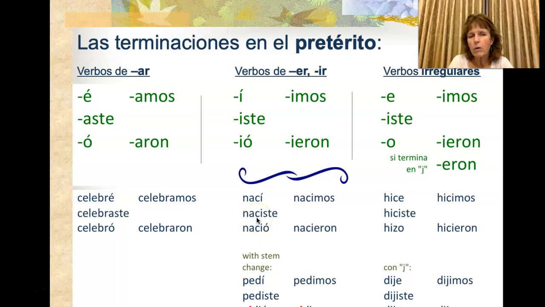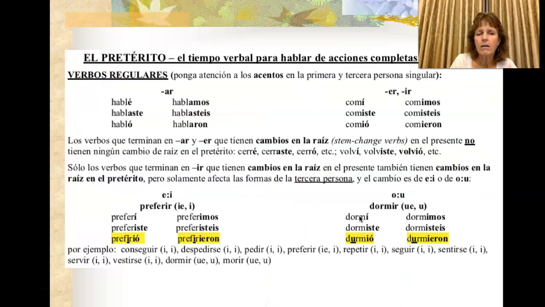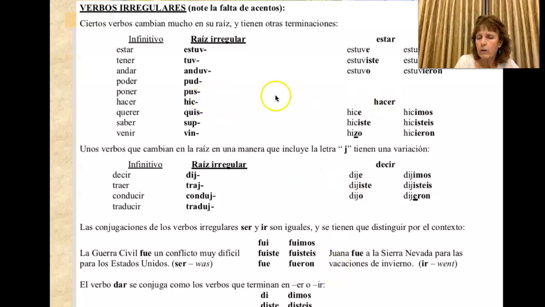So this is what we're learning now, these three sets of endings with a slight little difference, remembering about stem change. And then there is that page on Canvas under important documents in modules about the preterite that goes through the regular preterite, the stem change, and then the irregular ones.